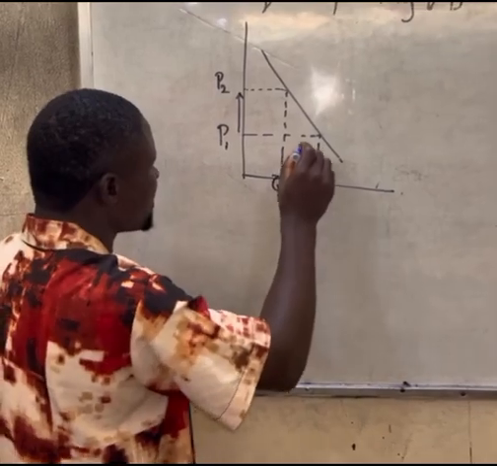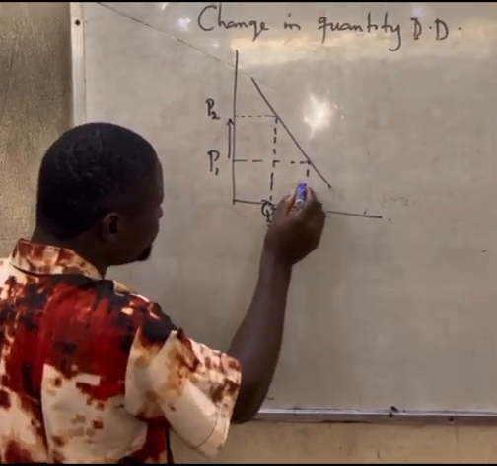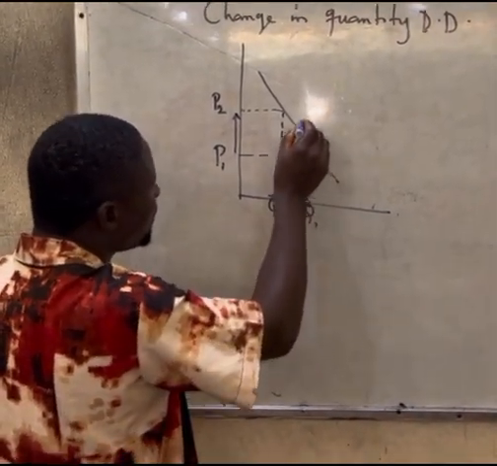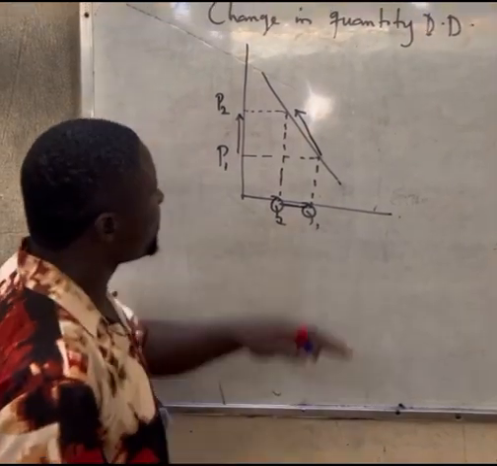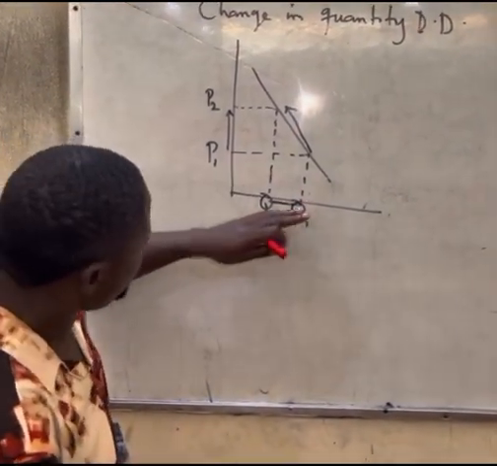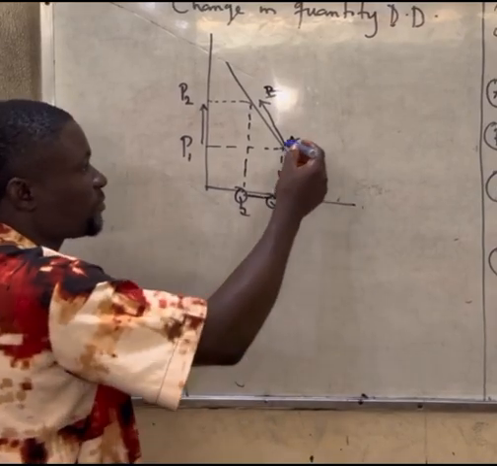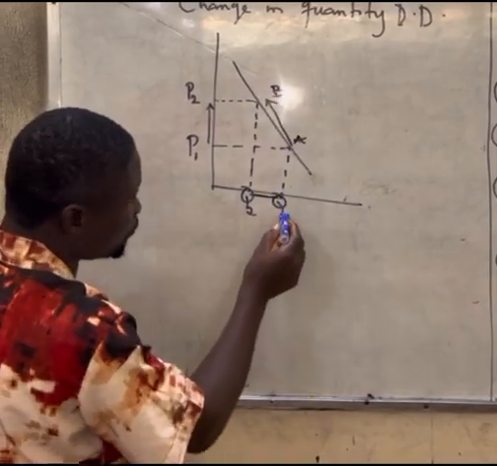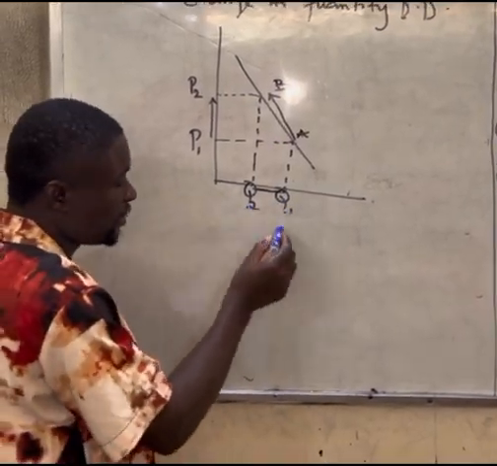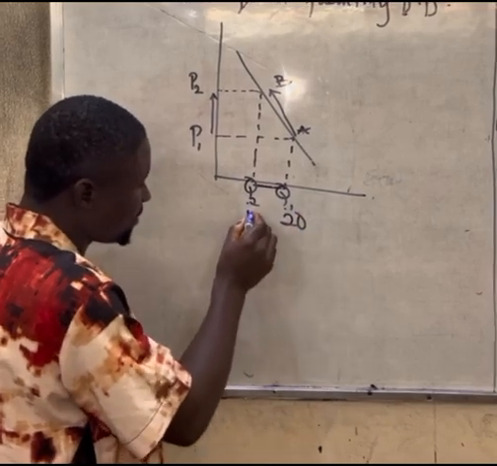Now, in this sense, this is a leftward movement. Can you see a movement from, let's say, A to B? It is a leftward movement from A to B, and then the quantity drops from Q1 to Q2. It can be 20 here, then this place will be 10.